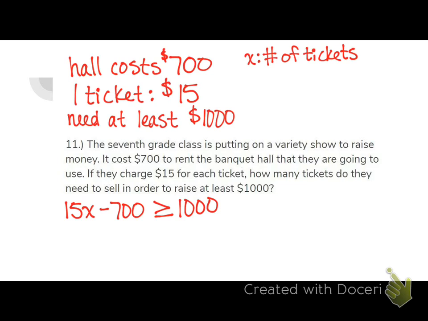Before we add 700 to start solving it, do we have questions on the setup? Okay. Add the 700 on both sides. We have 15x is greater than or equal to 1,700. We divide by 15. A calculator would be handy here.